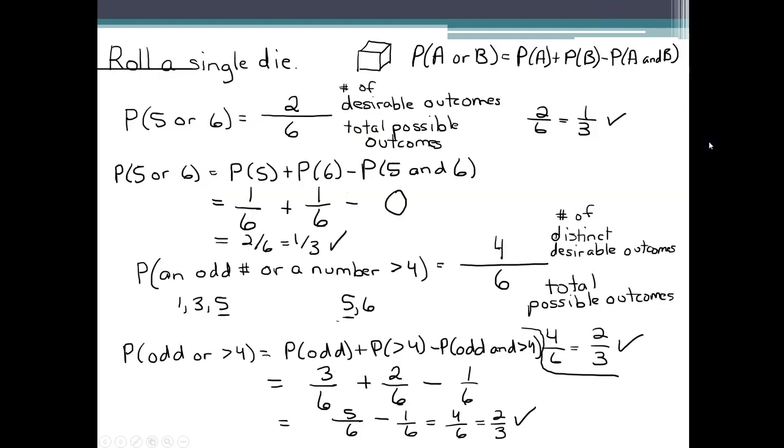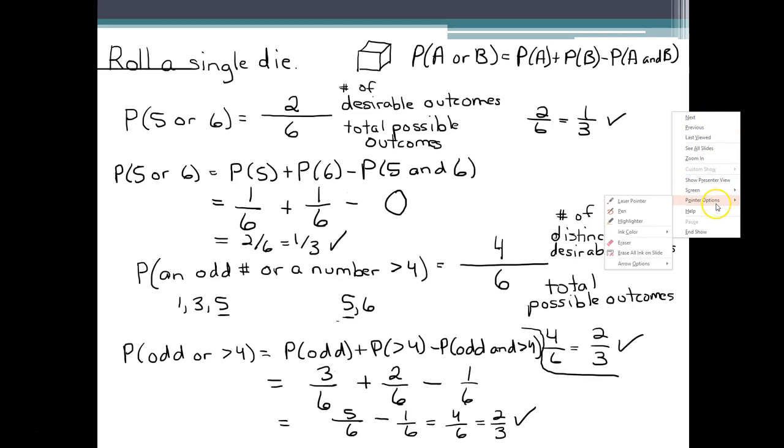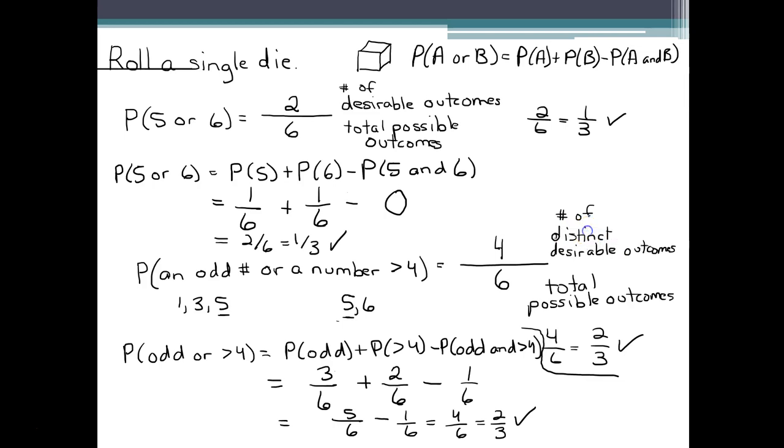So in our previous slide here, the probability of rolling a 5 or a 6, in this case, we're dealing with mutually exclusive events.